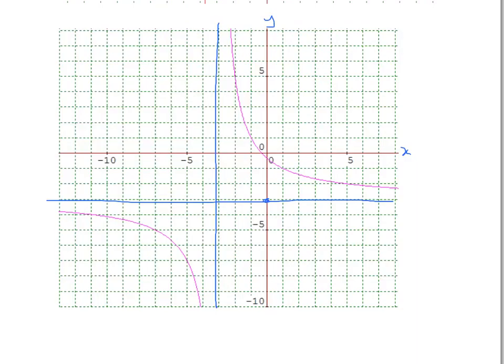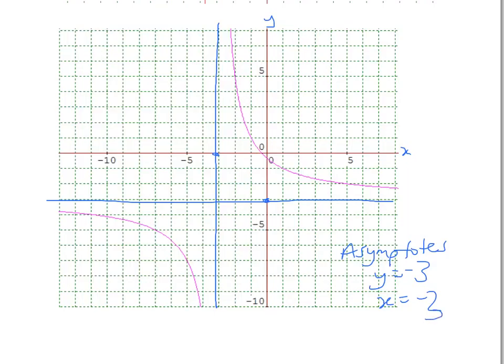Asymptote here is at y equals -3, and our x is at x equals -3. X equals -3, oops, 3.